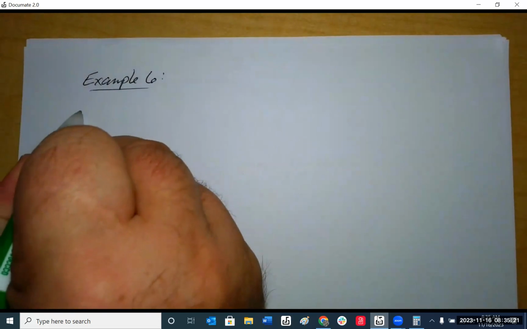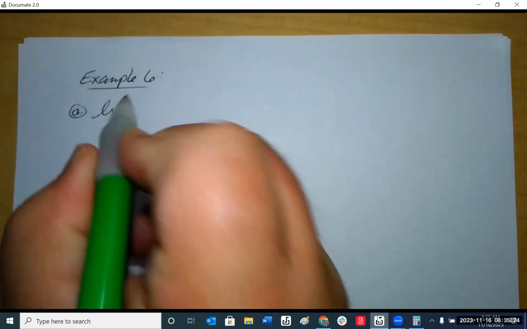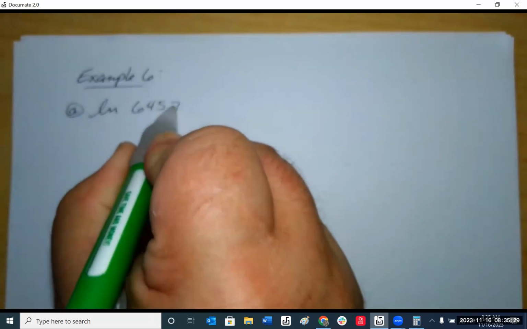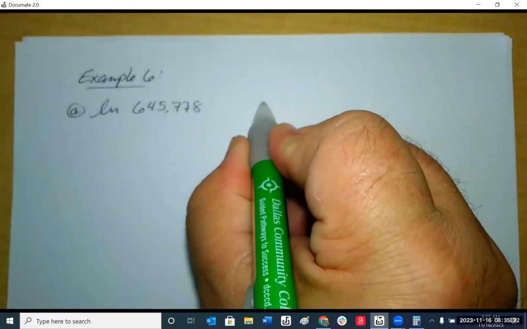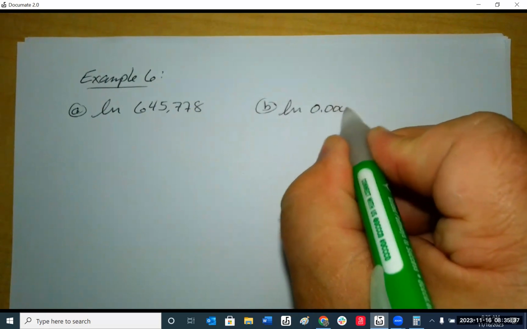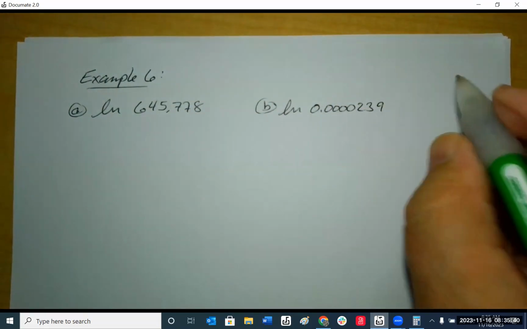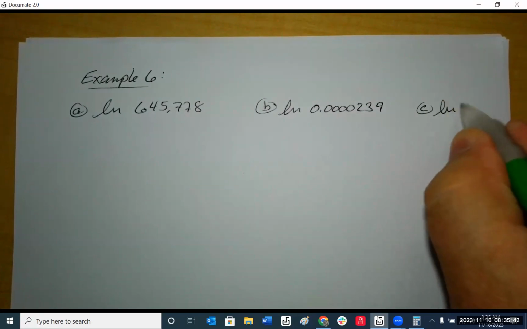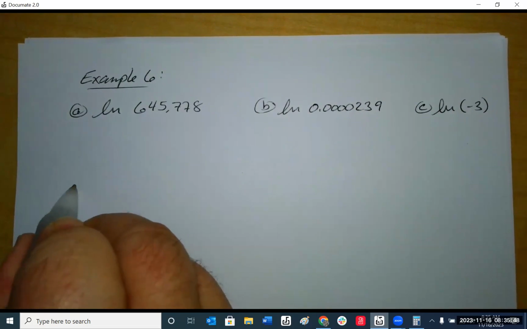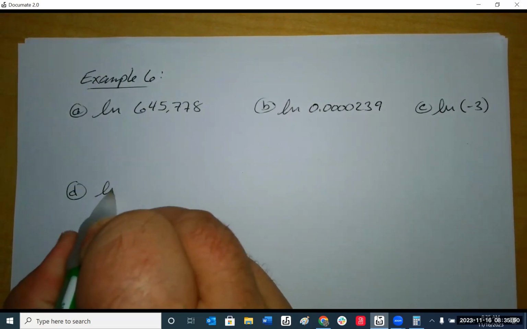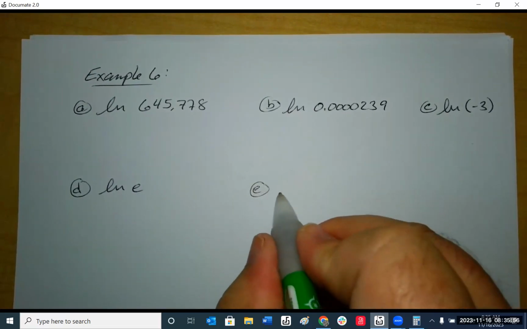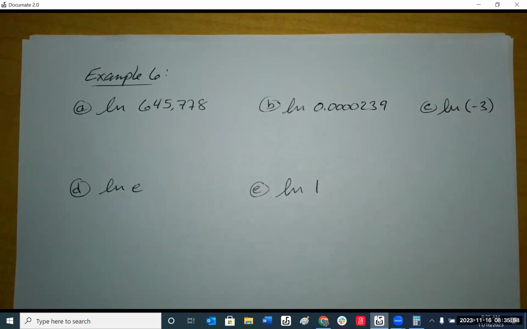So in this one we have ln of 645778, ln of 0.0000239, ln of -3, ln of e, and ln of 1.